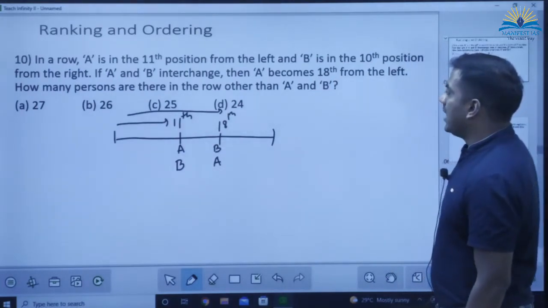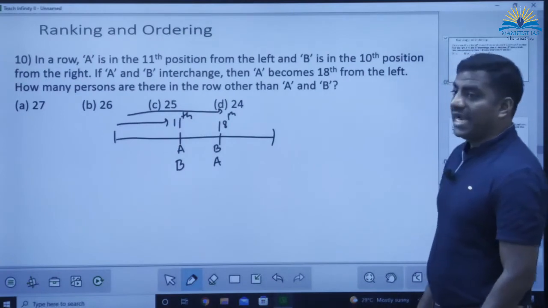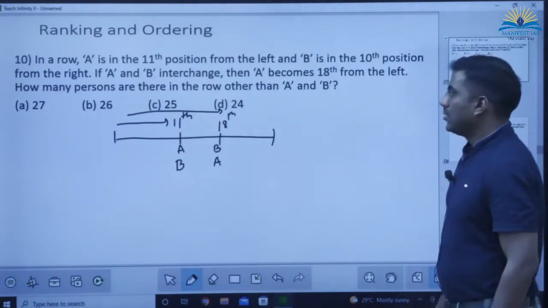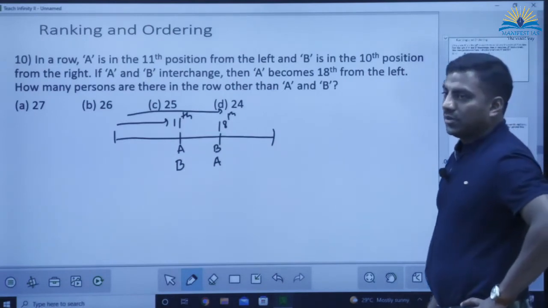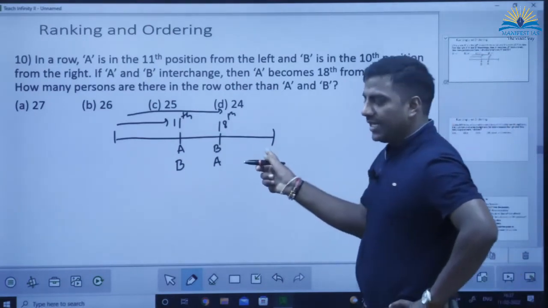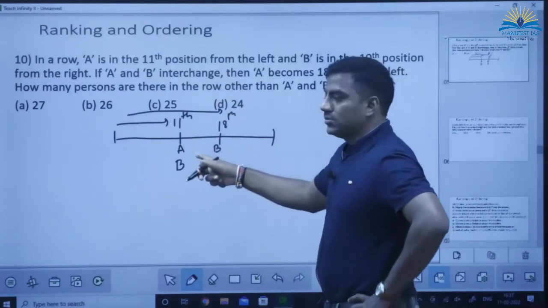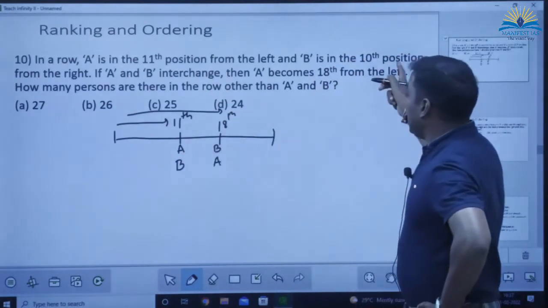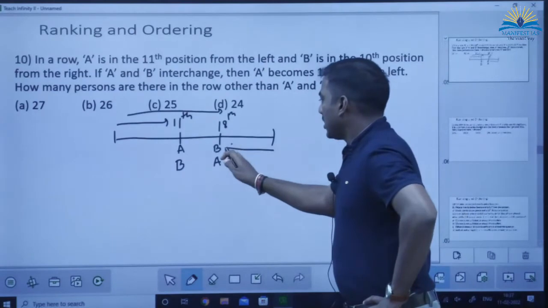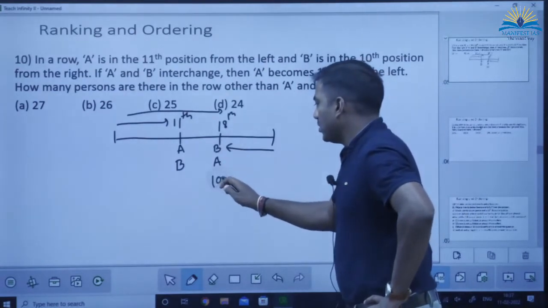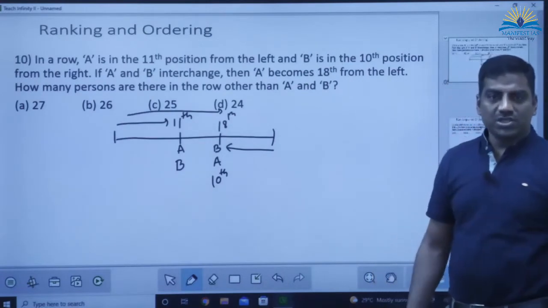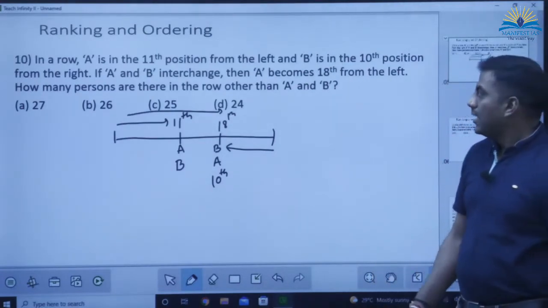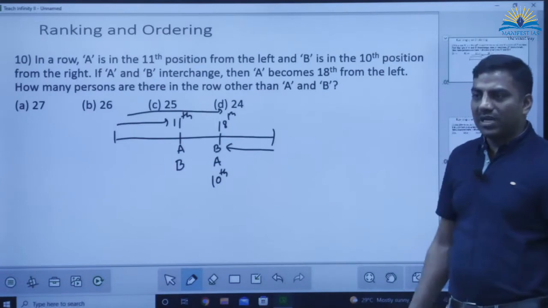How many persons are there in the row other than A and B? We missed one more data here. A is 11th from left. B is 10th from right. This position is 10th from right. Then they interchange their positions. Then A's position will be 18th from left.